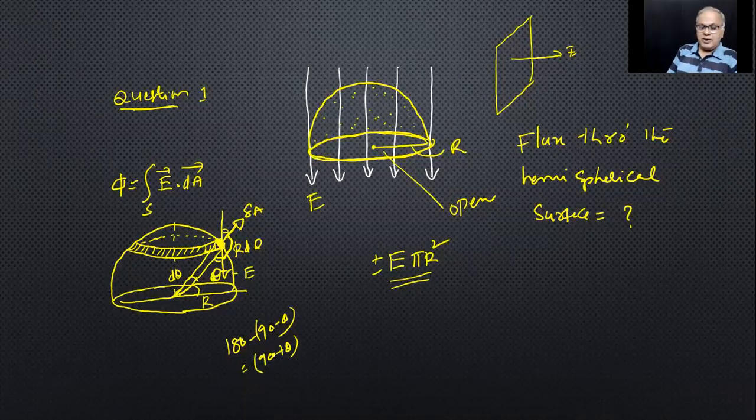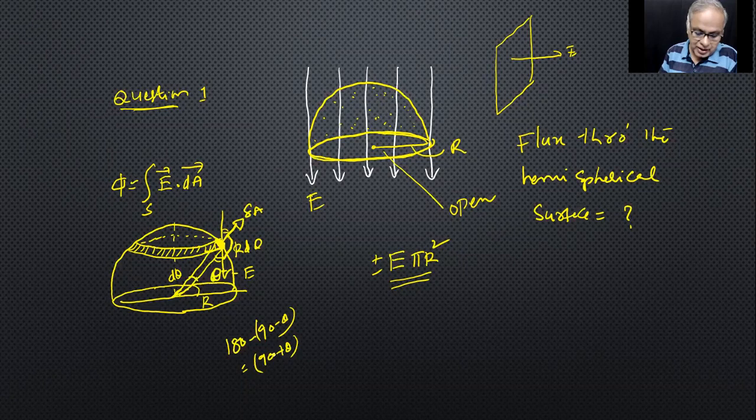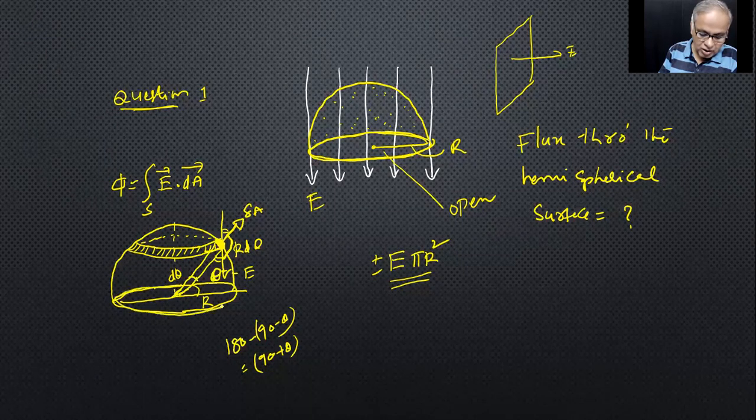Actually, I would have avoided this 90 plus theta business if I took the delta A inside, because that way the angle will be only theta. If I choose delta A along this one, this would be theta only, right?